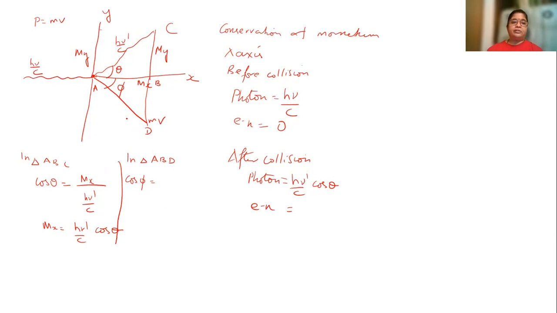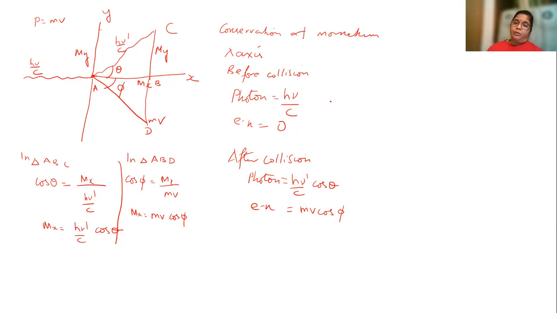My hypotenuse is mv. So what will I write? Adjacent side is mx and hypotenuse is mv. Or you can write mx is equal to mv cos phi. So momentum of electron is equal to mv cos phi after collision.